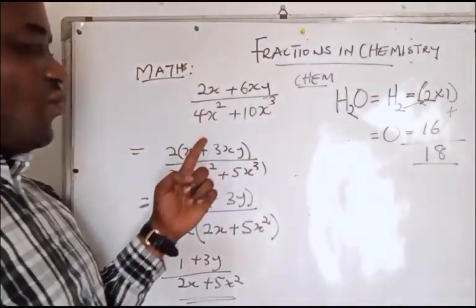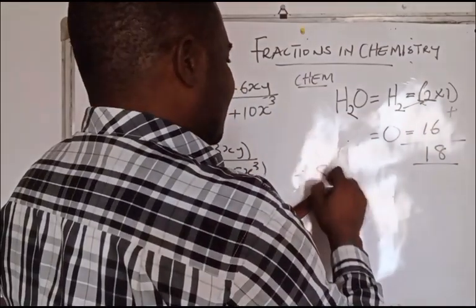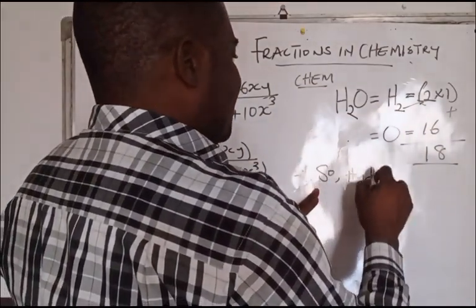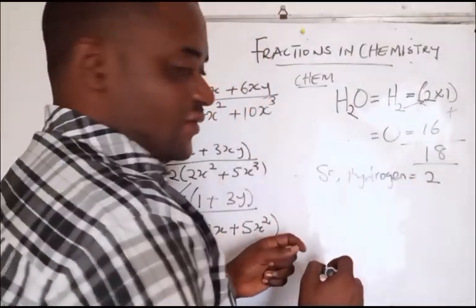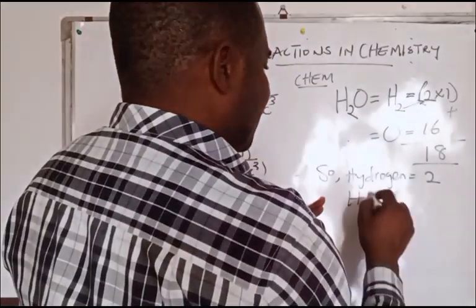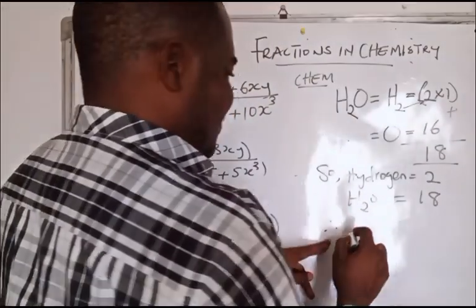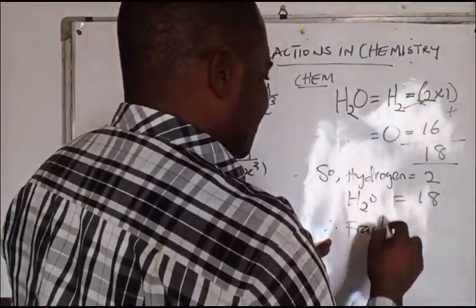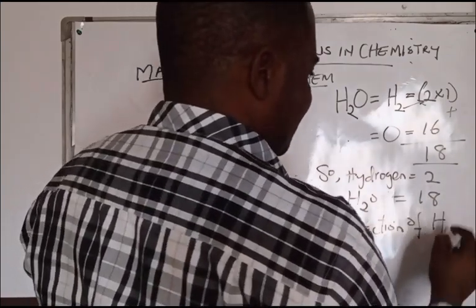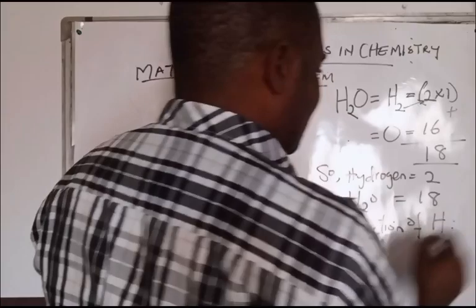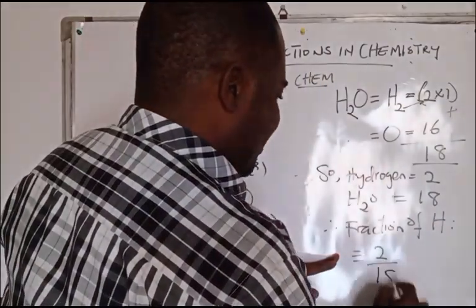Let's now go back to what we have here. So it means that hydrogen is 2. Is it not so? And water is 18. Therefore, the fraction of hydrogen in water is going to be 2 all over 18.